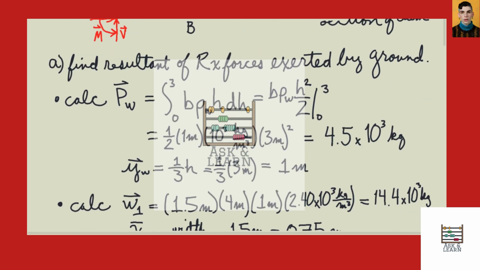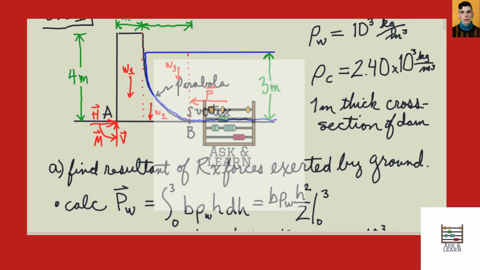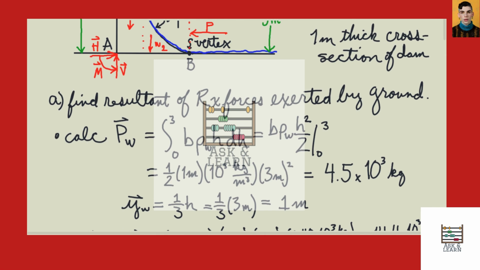We use the equation for water as it presses laterally the deeper it goes, that is B times the volume density of water times the height, and we need to multiply it by the infinitesimal dh and integrate over the variable h.